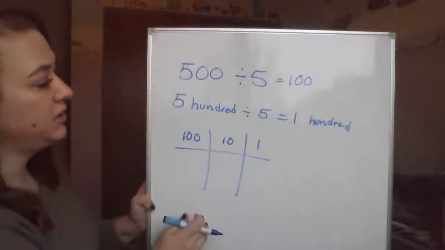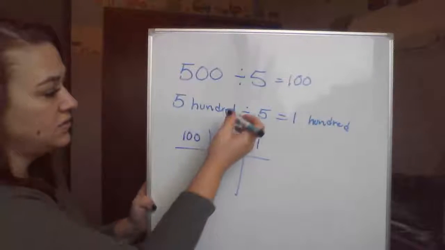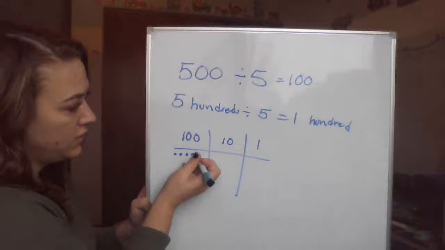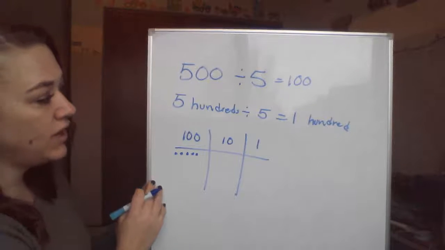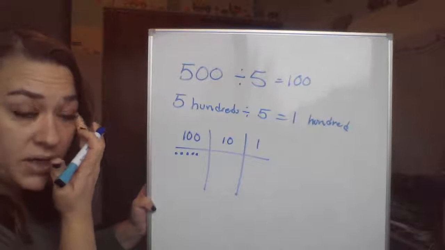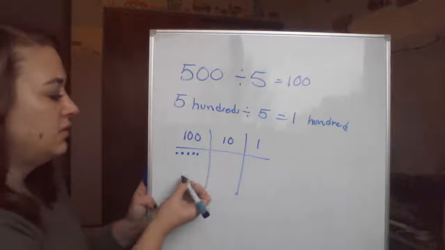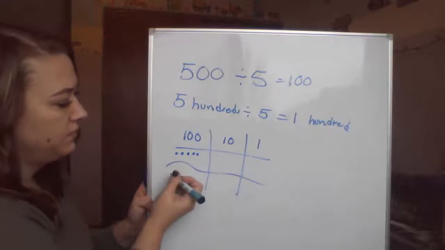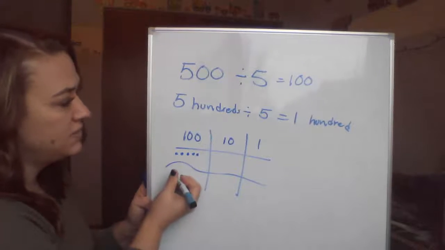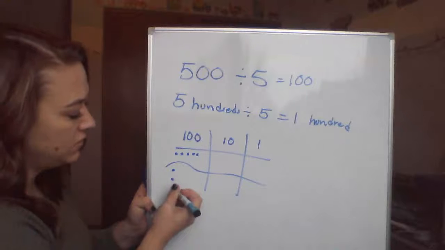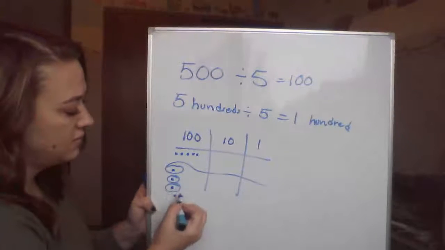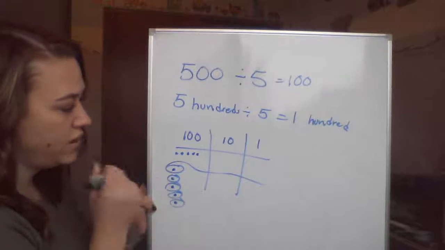Let's see what that would be on our place value chart. I have 5 hundreds. There's 1, 2, 3, 4, 5. And I'm breaking it into groups of 5. How many groups of 5 can I make out of 5? There's 1, 2, 3, 4, 5, and each of those have 1 in them.